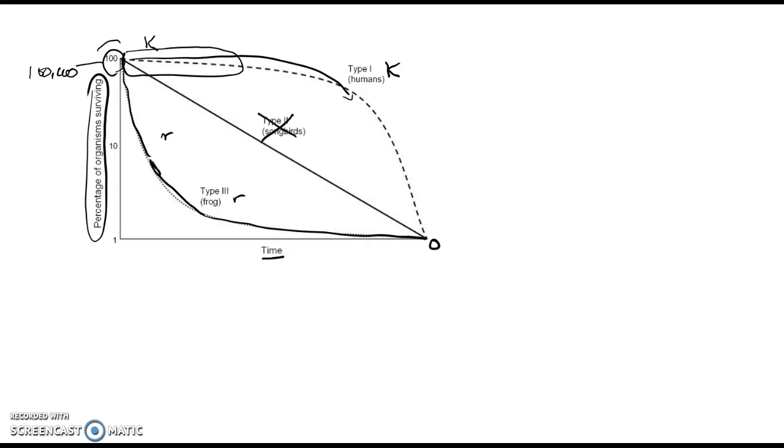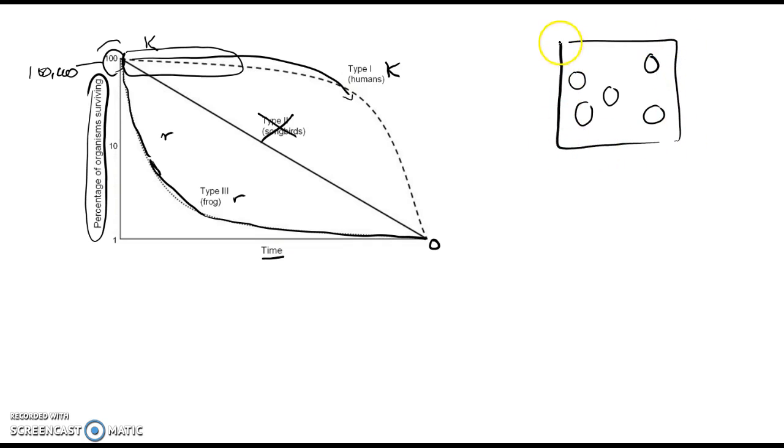Okay, density-dependent factors are factors which affect a population and depend on the density of the population. So, for example, if we have a population of sparrows, and there's just 5 in the population, and they have plenty of space, they're not very dense. If one of them gets a disease, it might pass it on to another one, and they both might die.